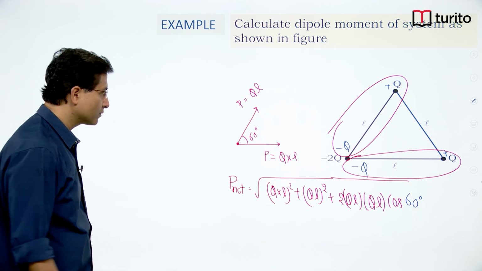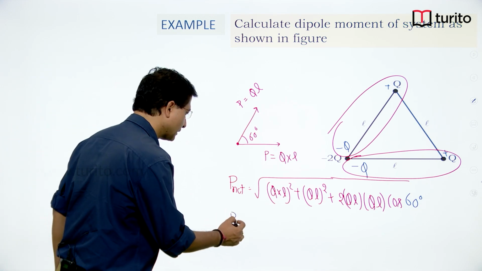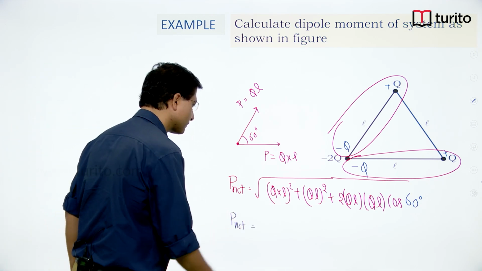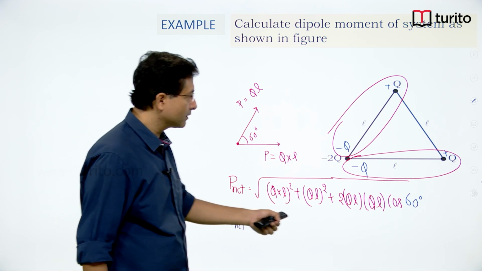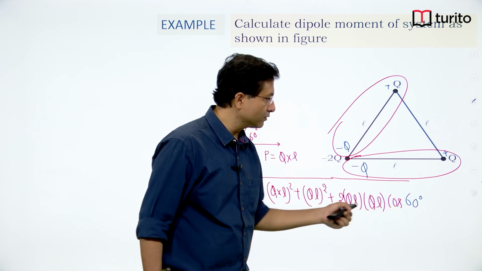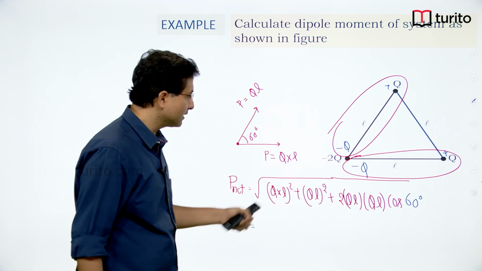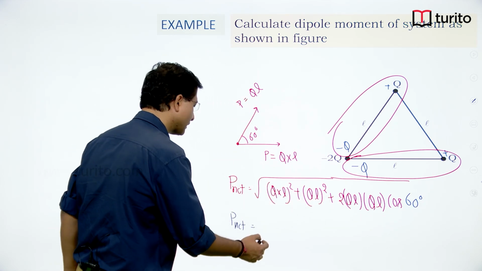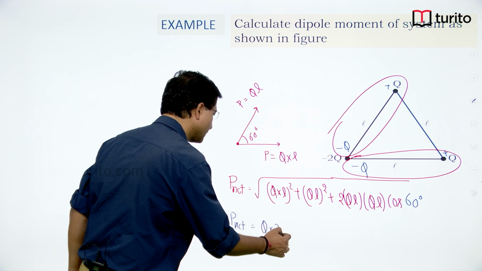So, simplification of this will give you the net dipole moment of the arrangement. Cos 60 degree is 1 by 2 and the 2 will get cancelled out. You can see 3 inside, take q L whole square out, then you will get q into L under root 3.